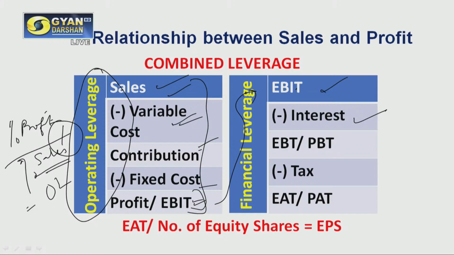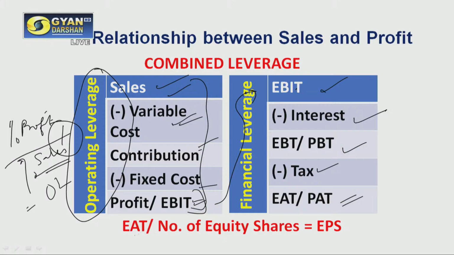Interest is also known as a fixed charge, because this is the fixed amount that we need to pay if we are using debt in our capital structure. After deducting interest, we get earnings before tax. Out of this we deduct tax, and after deducting the tax amount we get profit after tax, or we may also call it earnings after tax.